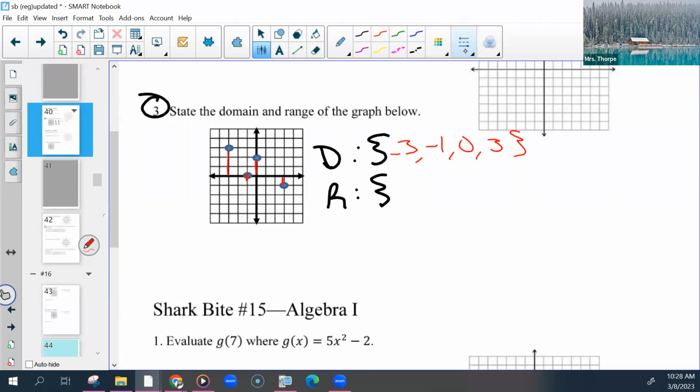And then your range, lowest to highest, would be -1, 0, 2, 3. So that would be your domain and range for this problem. Question on this one?